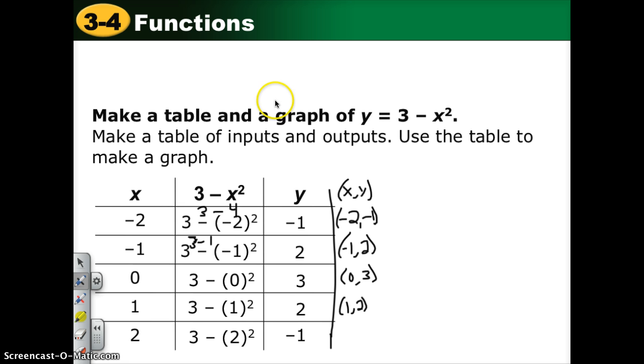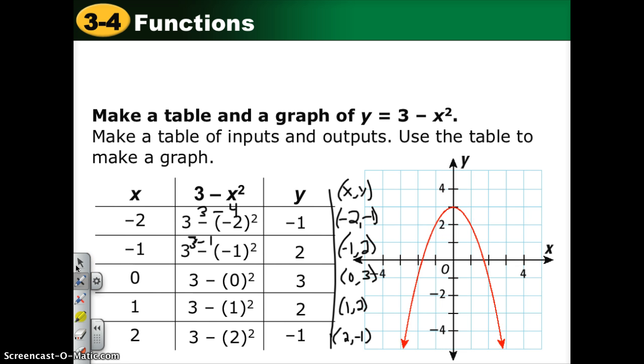And 3 minus 2 squared will also be the same as 3 minus -2 squared. So we get 2, -1, and then when we graph that, because we have common y values, you're going to see that we have this curvature.